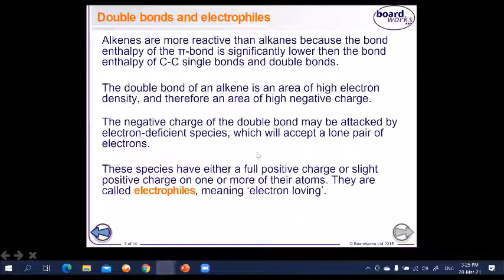The negative charge of the double bond may be attacked by electron deficient species, things that are desperate for electrons, that can accept a lone pair of electrons, okay? And those species have either a full positive charge or slight positive charge on one or more of the atoms. Those species are called electrophiles, or electron lovers, okay?